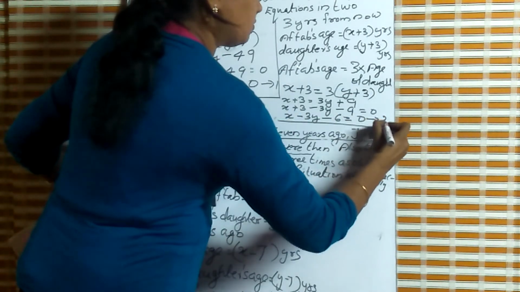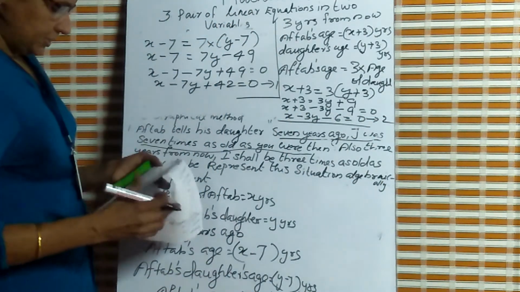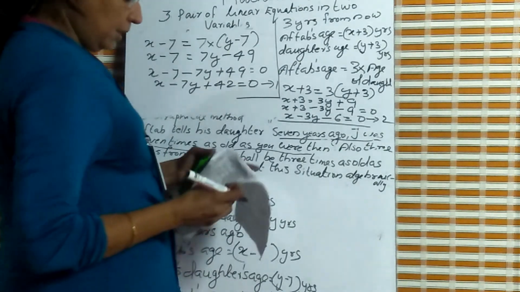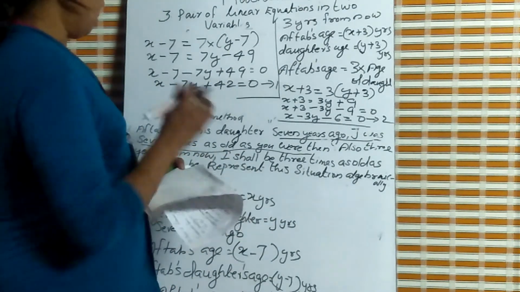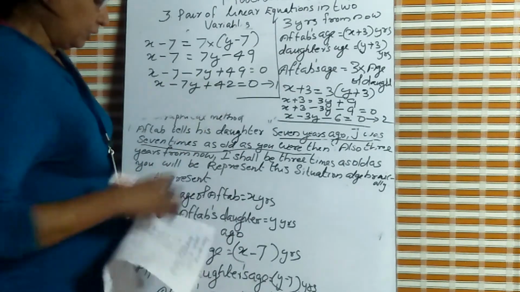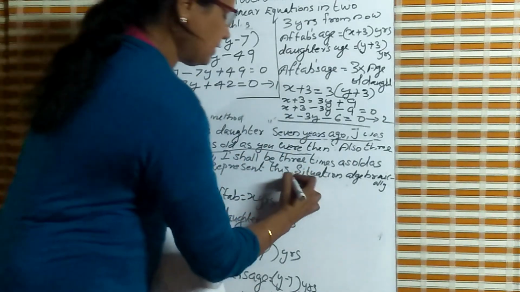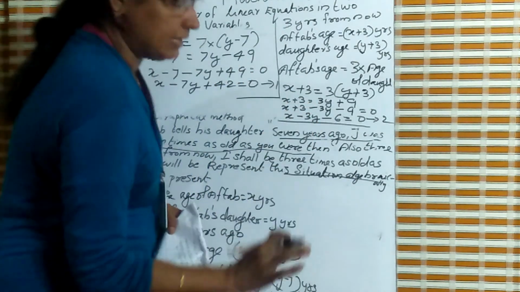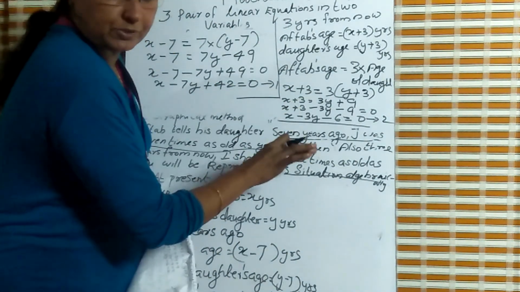This is equation 2. So the second equation is x minus 3y minus 6 is equal to 0. The first equation is x minus 7y plus 42 is equal to 0. Represent this situation algebraically. That means we framed the equations.